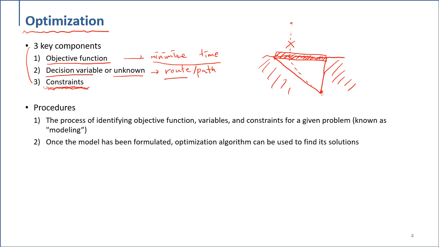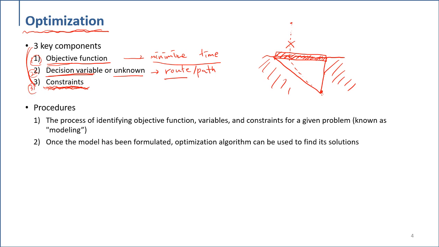So to define an optimization process, you should involve these three key components. You should first select a proper objective function, then select a decision variable, and depending on the problem, the constraint should be included or not.